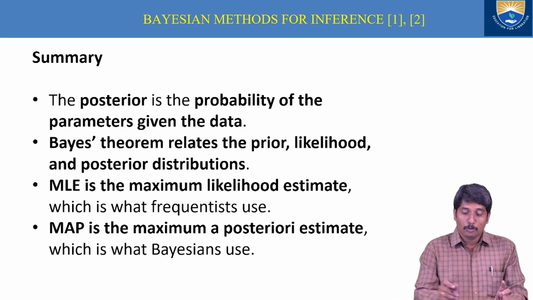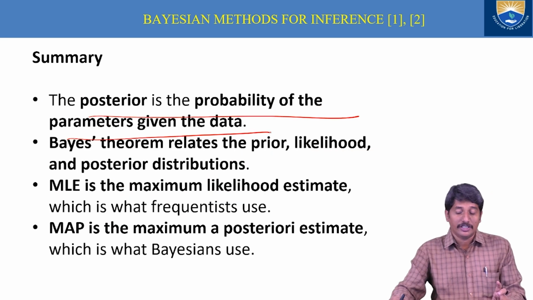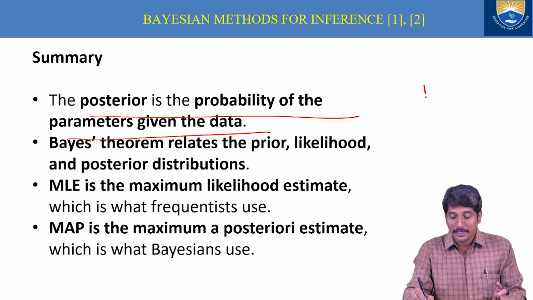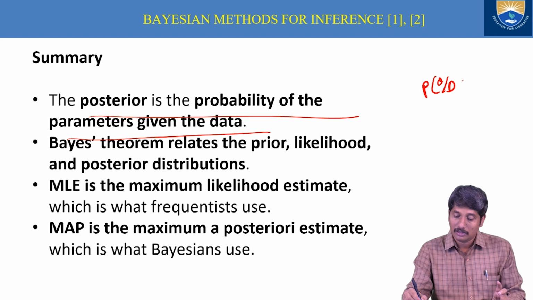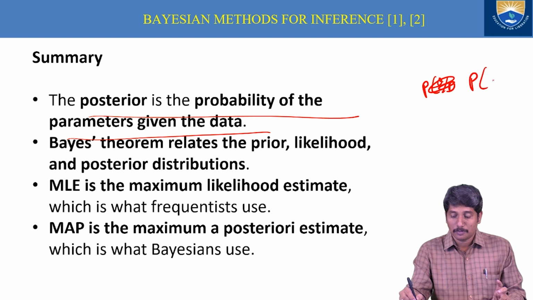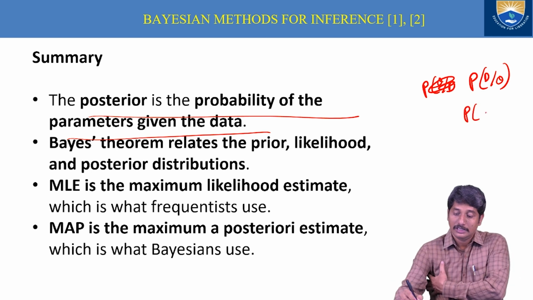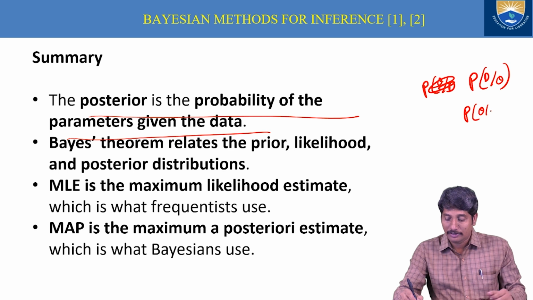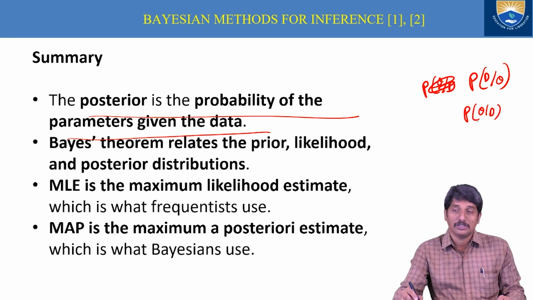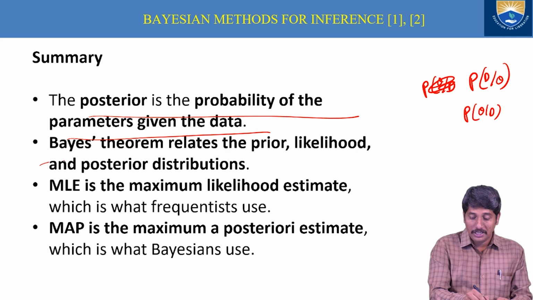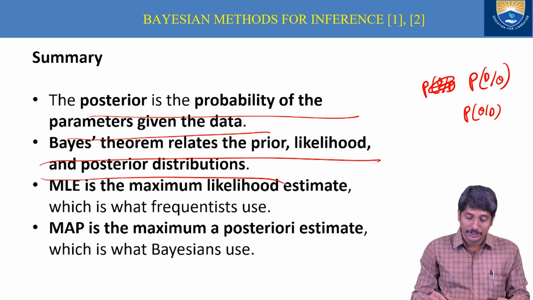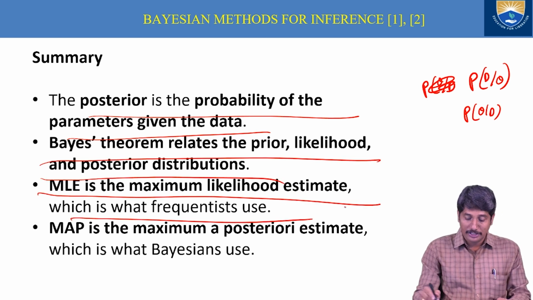Now the posterior is the probability of the parameter given the data. That means when data is given, what would be the parameter value? Likelihood means when the parameter is given, what is the probability of the data, whereas posterior means probability of theta given d. Bayes theorem leads to the prior, likelihood and posterior. MLE just estimates the frequentist use.